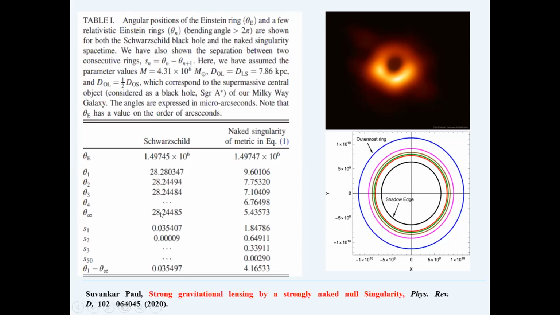This ring is produced by the critical ray having impact parameter b equal to b critical, and for null-like it is m, and for the Schwarzschild case it is 3√3 m. Here we can see the values 28 and 5.4. So this photon ring theta infinity shows the edge of the shadow, and this type of photon ring is also possible in null and time-like naked singularities.